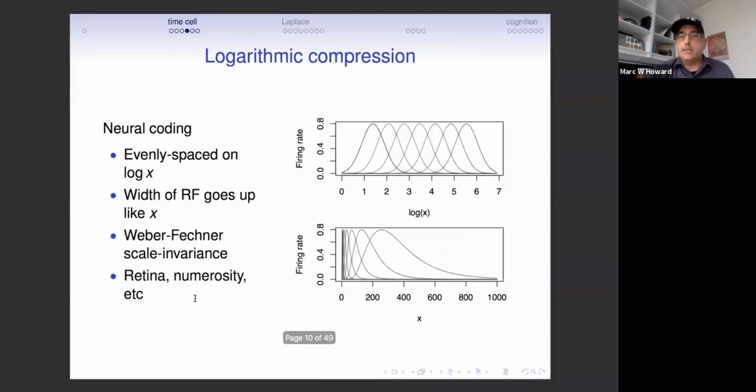So let me go back to this other picture. So if we had receptive fields that evenly tiled a logarithmic axis, we would see, when we looked at them as a function of not log, the regular retinal position, that as we go away, the receptive fields get wider and less numerous, right?